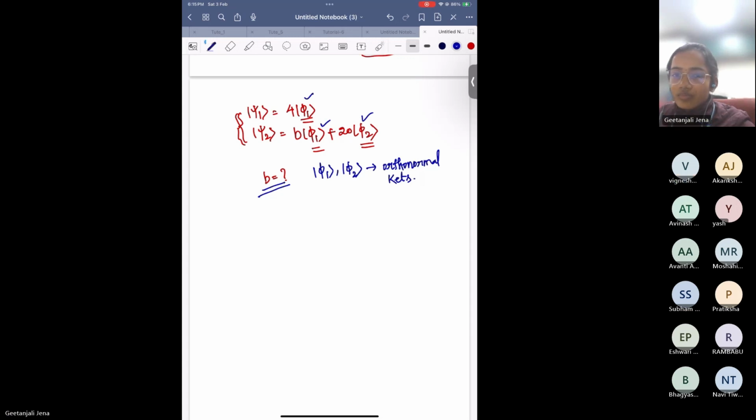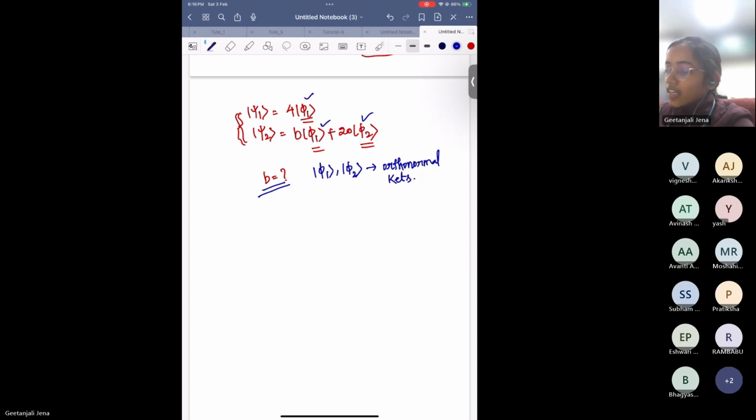Okay. So the right answer is B equal to 0, as said by Vigneshwaram. Yash, you have some question or you want to answer the question? Yes, ma'am, 0. Okay. So the answer is 0.